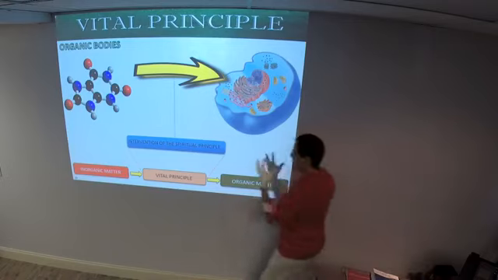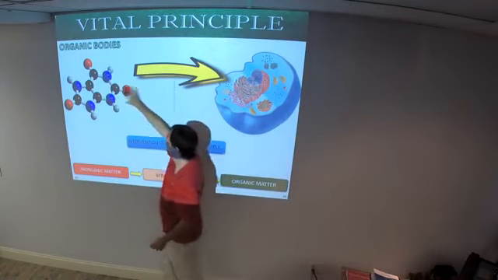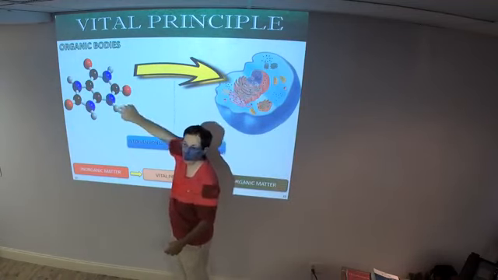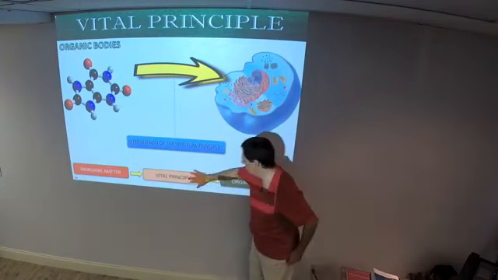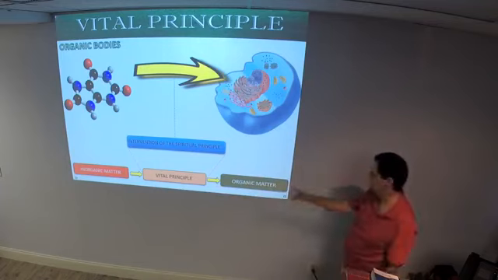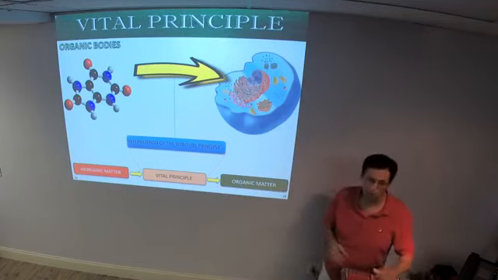So the vital principle is, remember, when we saw the first slide, the spiritual principle becomes the intelligent principle when it knows how to manipulate this. So this is what's going to allow inorganic matter to become organic matter. It's something that has to be manipulated.